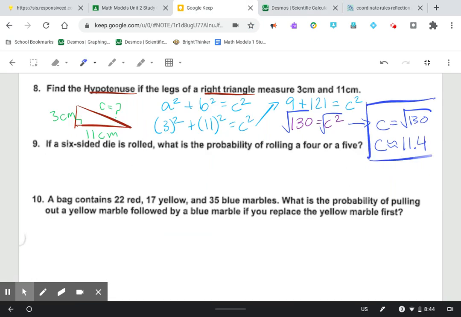So either of those answers could appear. I'm not sure I remember on the test, but I'm pretty sure the answer appears in decimal form. So 11.4 would be what you were looking for in that type of question, the rounded answer for the decimal. So again, that's Pythagorean theorem. Make sure to include that on the formula chart that I send out for the test.